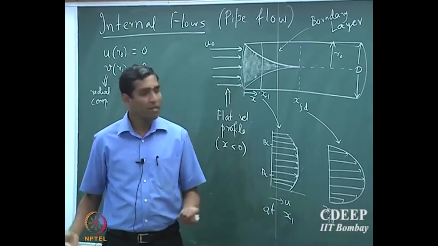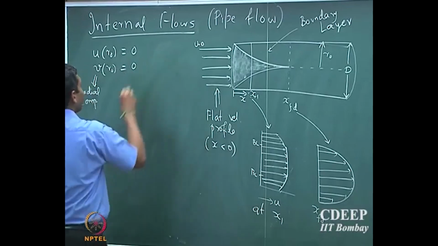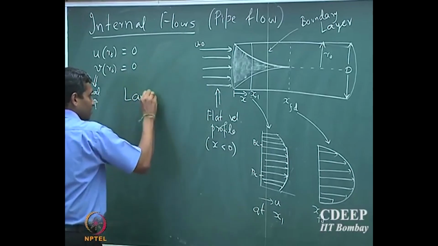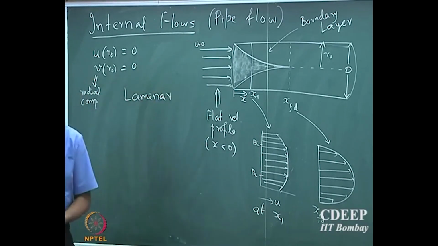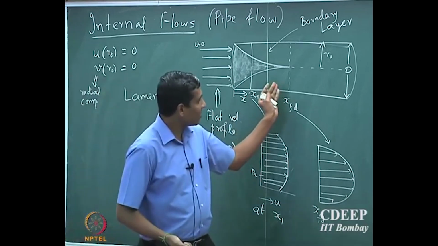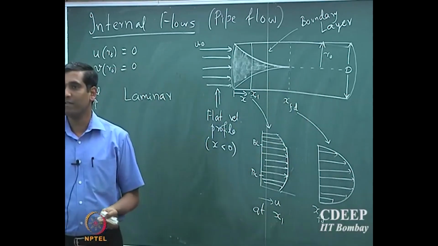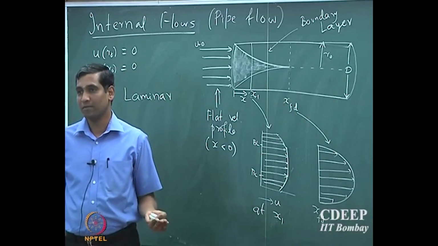The profiles are different for laminar and turbulent regimes. Let us assume that we are looking at laminar profiles. As soon as you cross the fully developed regime, the velocity profile does not change anymore.